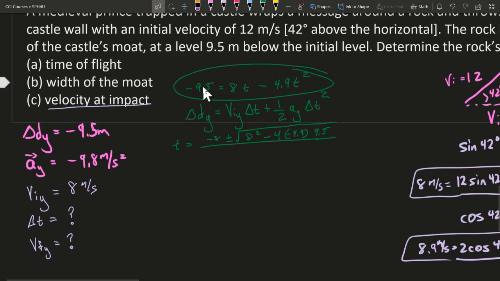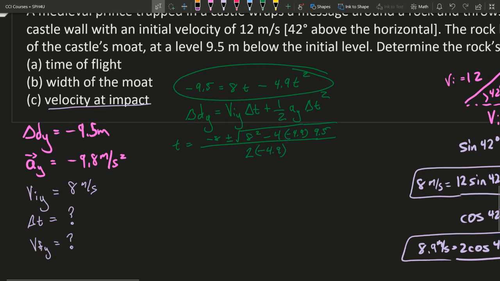Because remember, in order to use the quadratic formula, the whole formula needs to be set equal to 0. So passing this guy over to here is what I would want to do. Then I'm going to divide this by 2a, knowing that a is again, what's a? Negative 4.9.